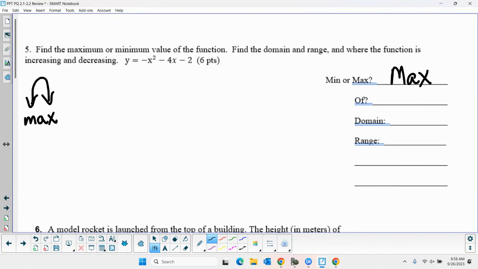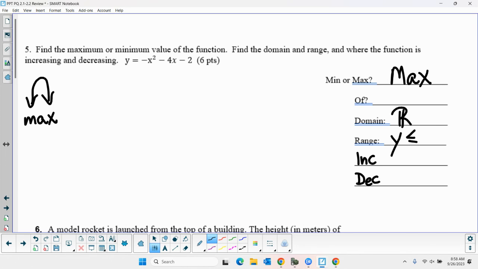Okay, I know domain is all real numbers. I know range is y is less than or equal to, because it's a max. Okay, and then increasing and decreasing.